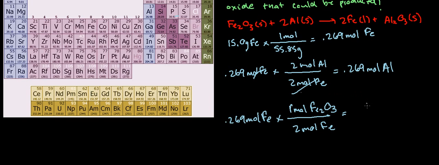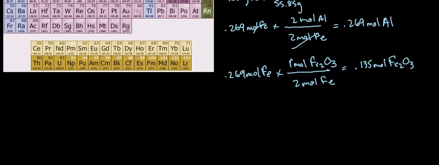So when this is rounded up, this is 0.135 moles iron 3 oxide. Now that I have the moles of each of them, I can use the molar mass and convert to grams.